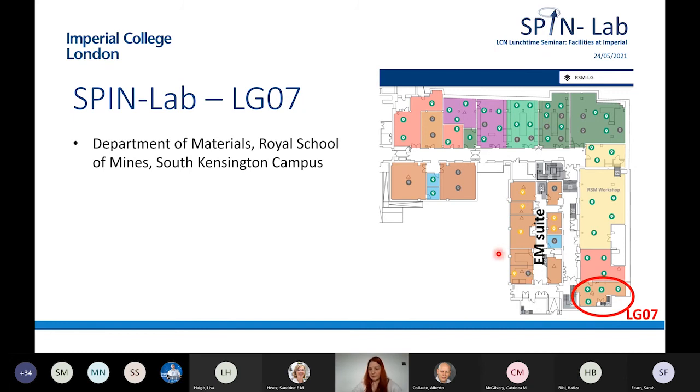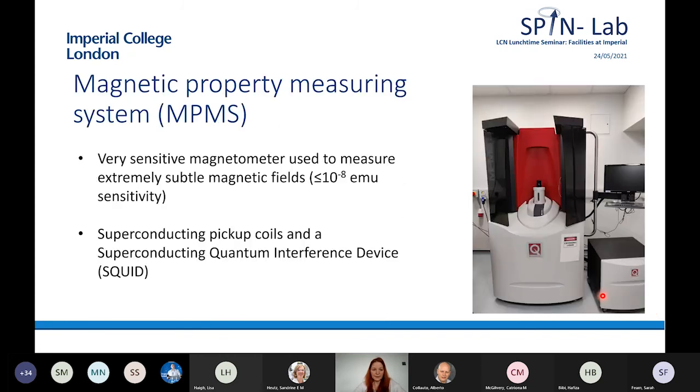So if you just try to find Royal School of Mines lower ground floor, you can find it. It was established in 2019, with various equipment and options implemented progressively. Two main systems are now both up and running, with all options available.